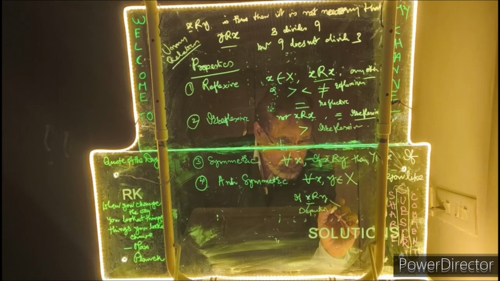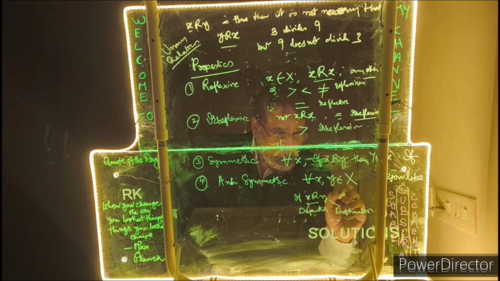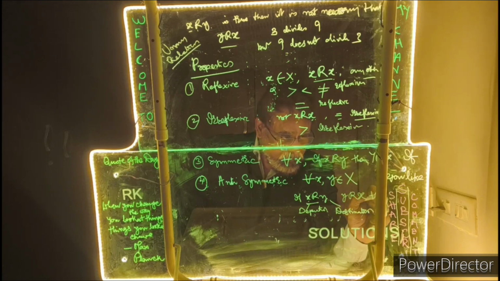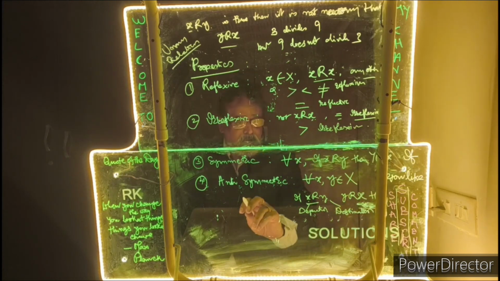This is called destination. So if x is related to y and y is related to x, then y equals x, meaning that we are the same. That is antisymmetry.